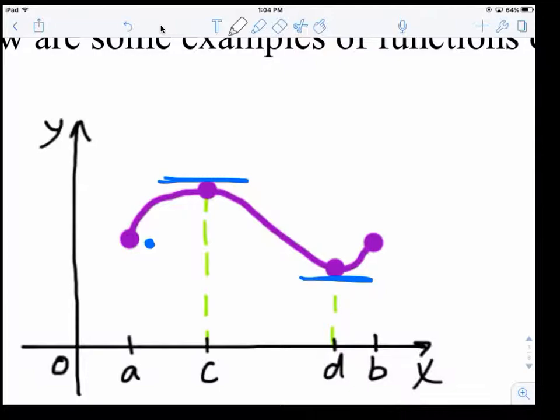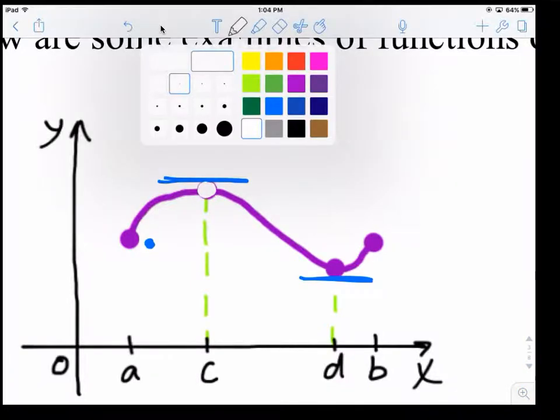So because it's not continuous, it's telling you that you might not have a max, you might not have a min, but you might though. So you have to do a little bit more checking to make sure you're getting the right thing.